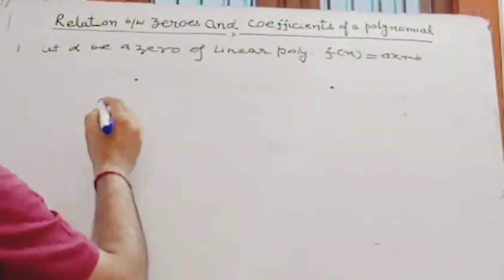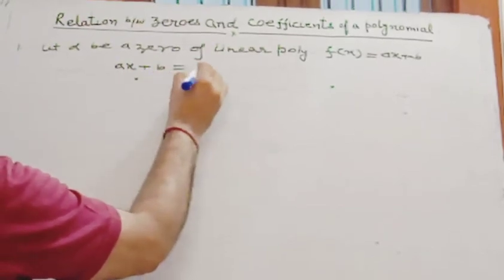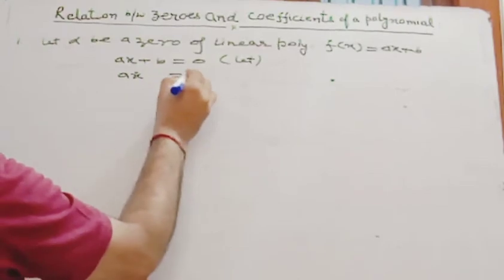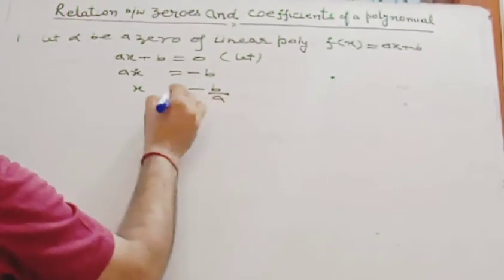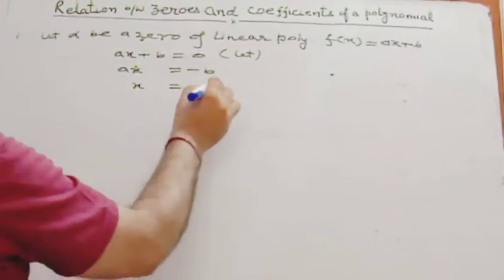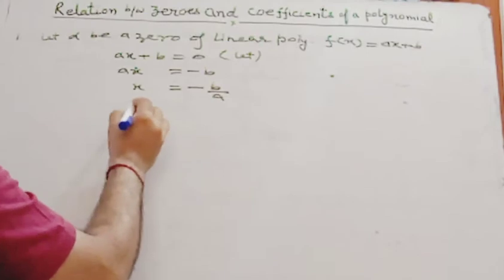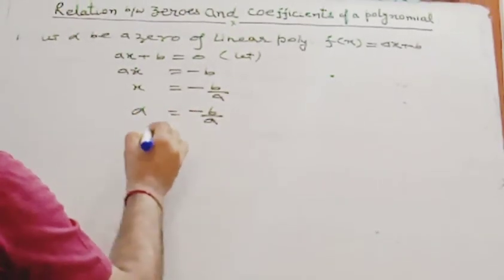To get the zero of the polynomial, we take ax + b = 0, so ax = -b, x = -b/a. The value of x here, -b/a, is the zero of the polynomial. It is denoted by alpha. So alpha = -b/a.